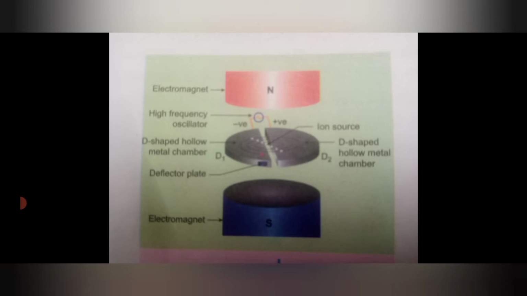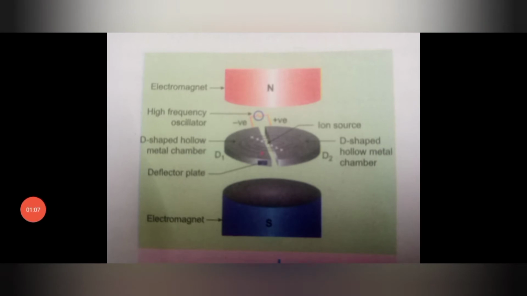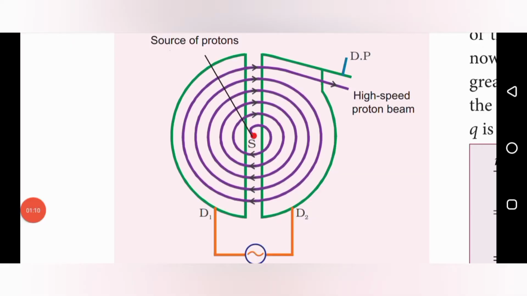And now we are going to see the working part of this cyclotron. When the ion is ejected in the center part of the Ds, that is called S, the source. The ion is ejected in the center part of the two Ds.